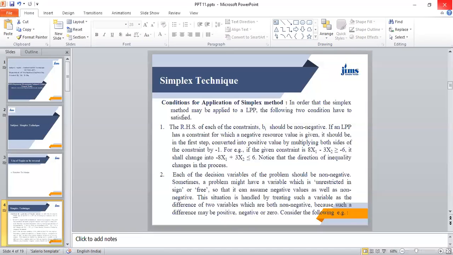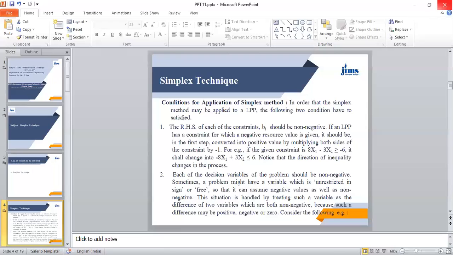Second condition is that each of the decision variables of the problem must be non-negative. This we had seen in the graphical solution also, that all x1, x2, x3 should be greater than equal to 0. But sometimes a problem might have a variable which is unrestricted in sign or simply free, so that this variable can assume even a negative value.